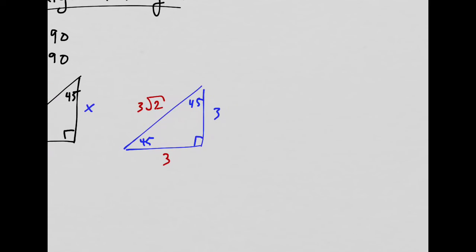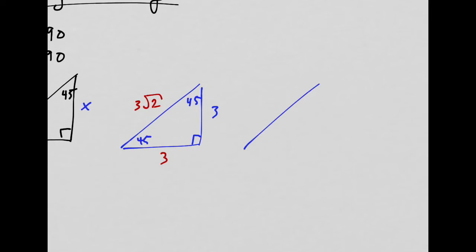Or you can go about it in a different way. If I told you this was a 45, 45, 90 triangle, and this is the square root of 8, the first thing I would do is reduce this. Watch what happens.